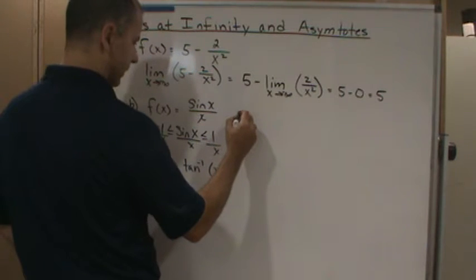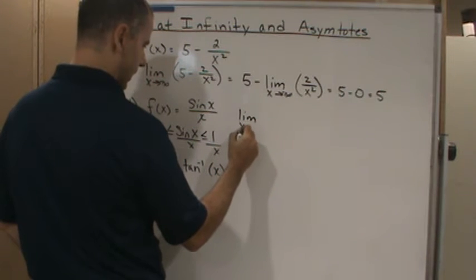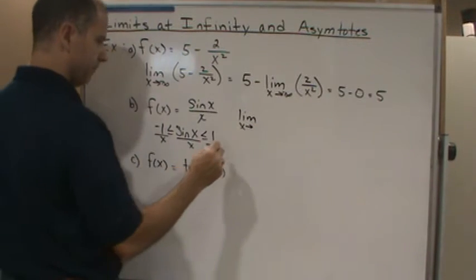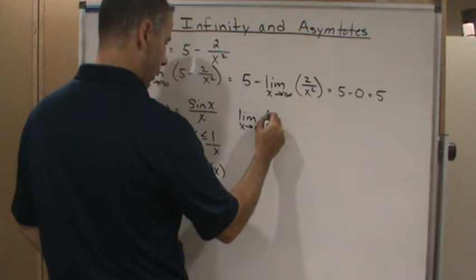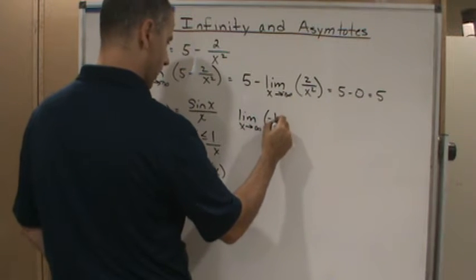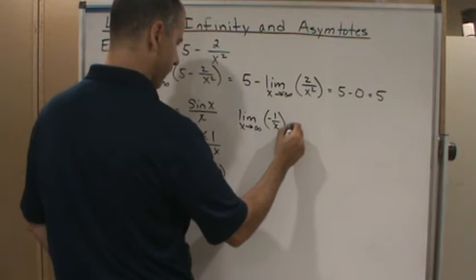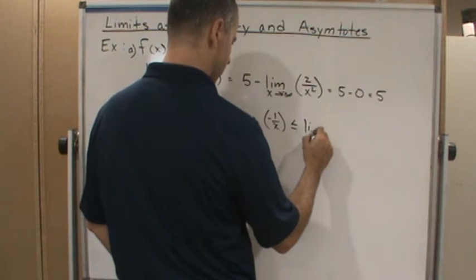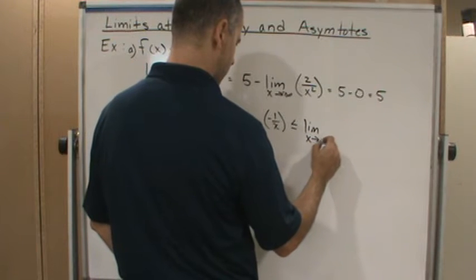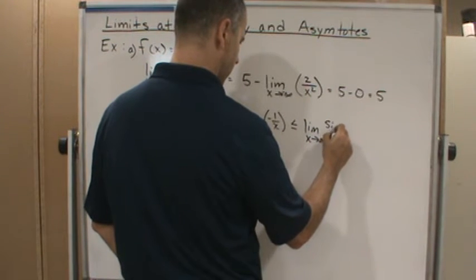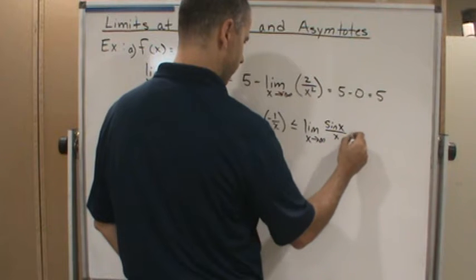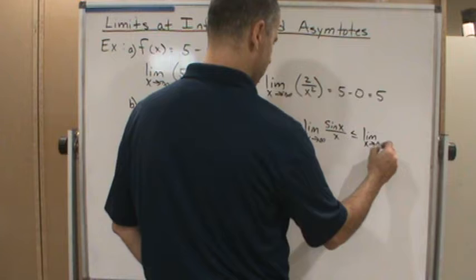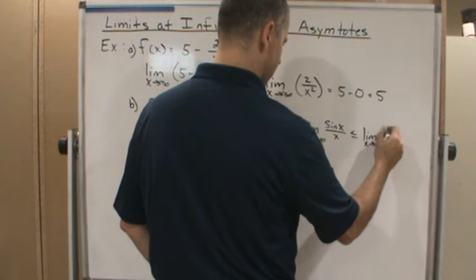So we get the limit as x approaches infinity of negative 1 over x is less than or equal to the limit as x approaches infinity of sine x over x, which is less than or equal to the limit as x approaches positive infinity of positive 1 over x.